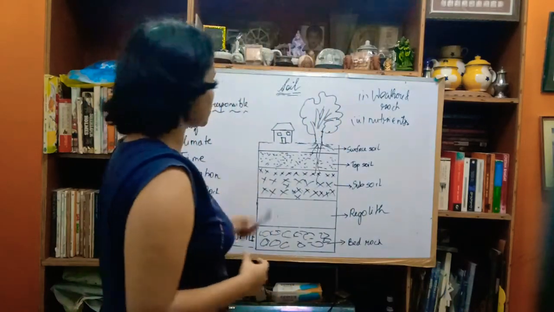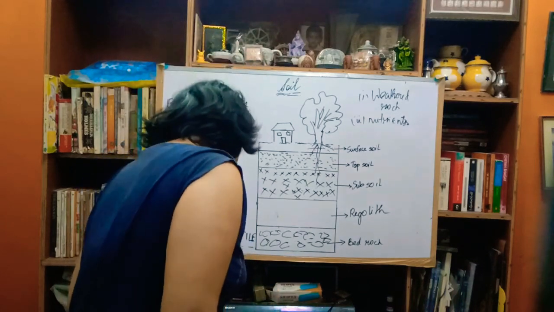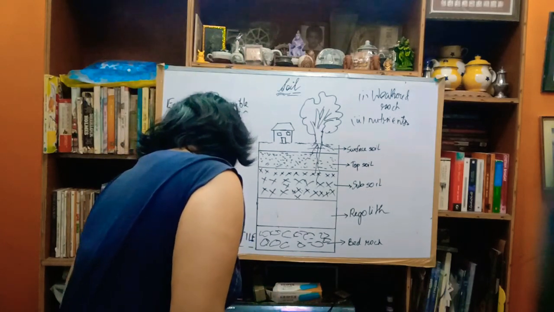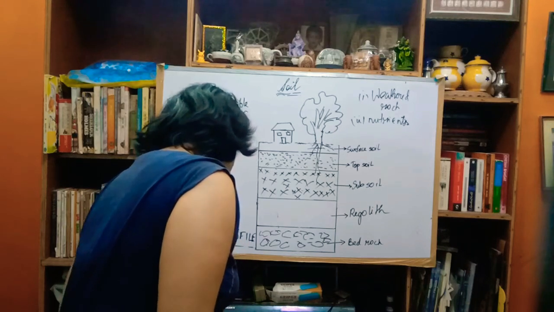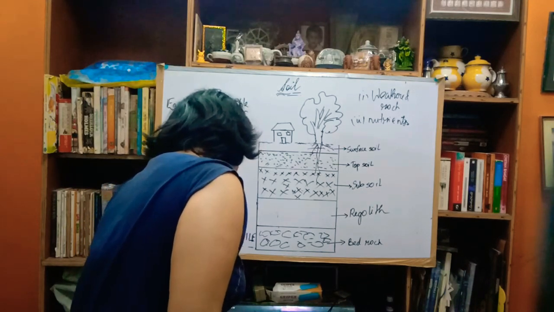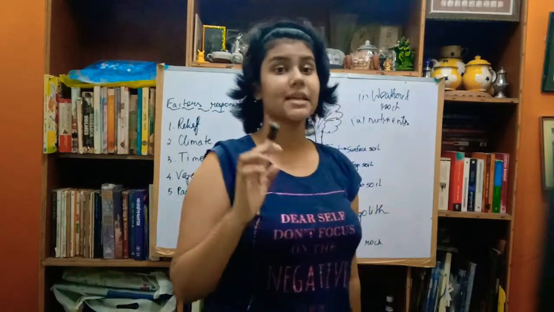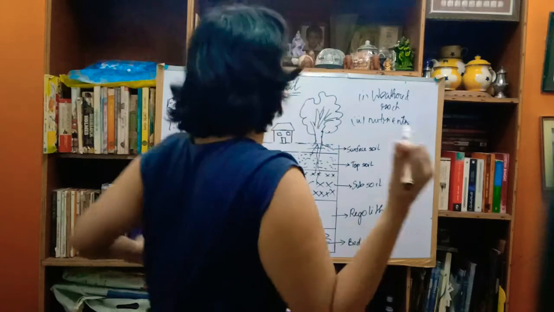So we have learned about soil. What is soil? Soil is the layer of loose mixture, small rock particles and rotting organic matter that covers most of the world's land surface. Remember these words.